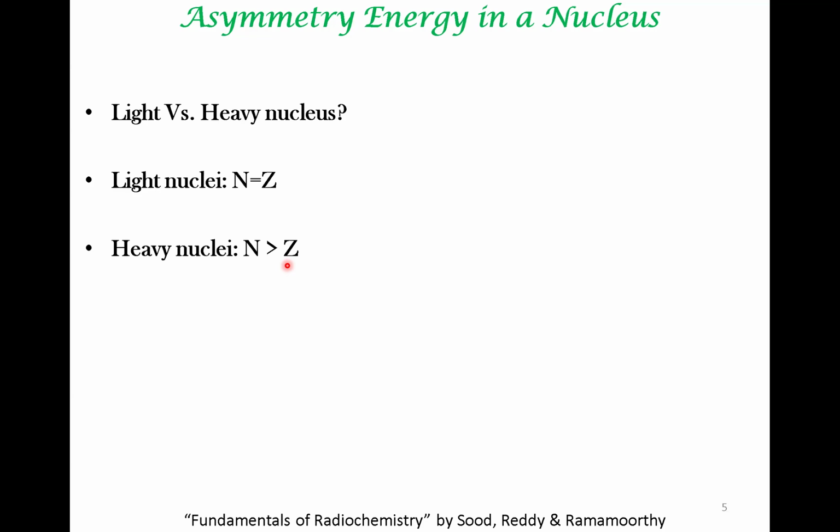Not only that, having a lot more neutrons increases the strong nuclear force interaction. That's a stabilizing interaction. However, you should remember that the mass of a neutron is much more than that of a proton. So having a lot of neutrons is also destabilizing in some manner.